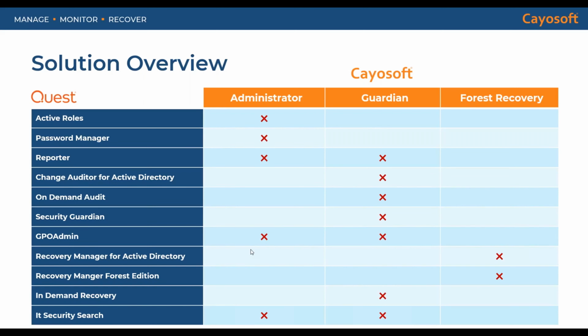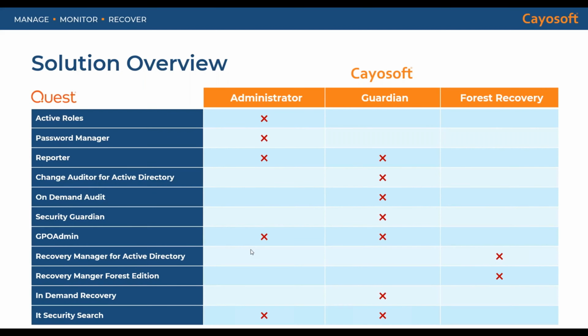Guardian has your base level and Guardian Forced Recovery, which is a superset of the Guardian functionality that includes everything in the base plus the Forced Recovery functionality, but it's a single deployment, one product. And Administrator is our product for administration, management, provisioning, delegated administration, self-service, reporting, etc.